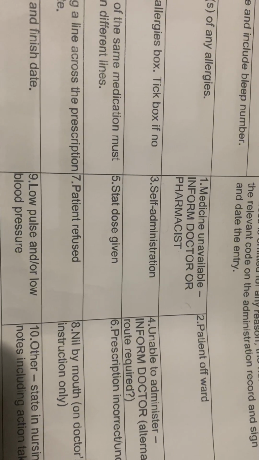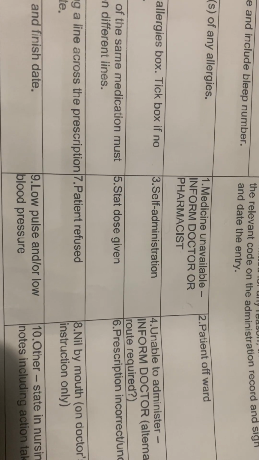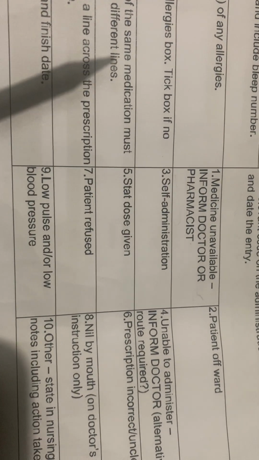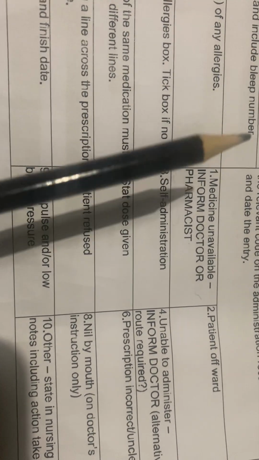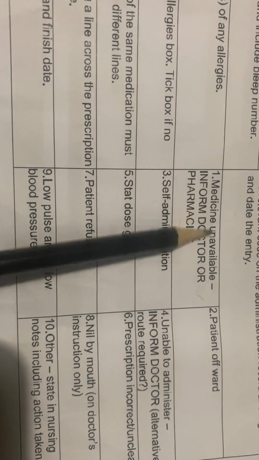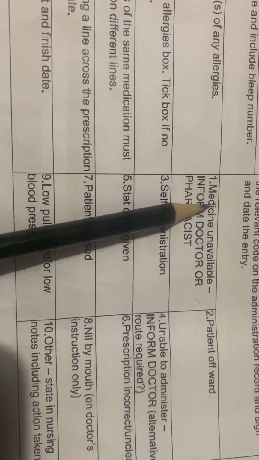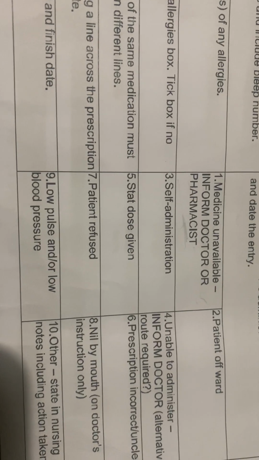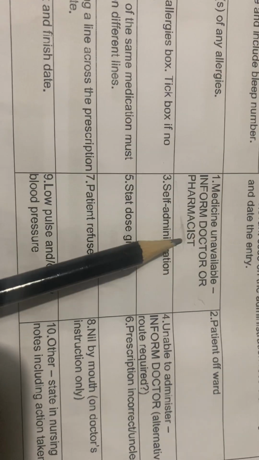What you need to do is go to your charts, and under that medication that is not available, you code it code 1, then you put your date and your signature.